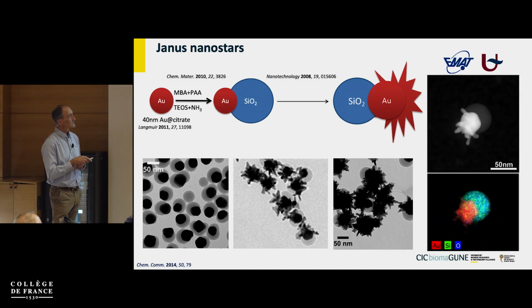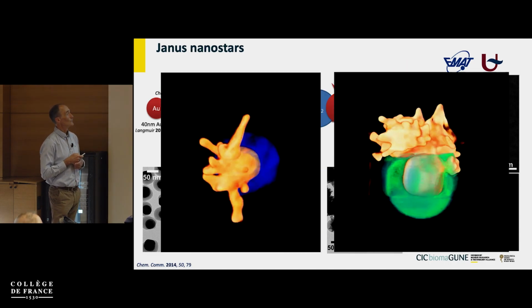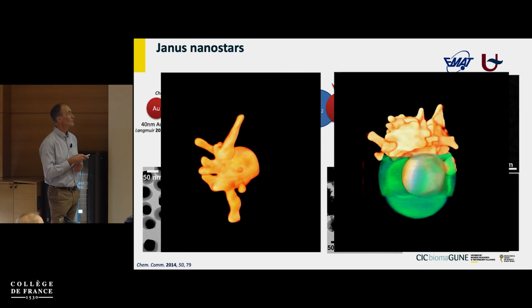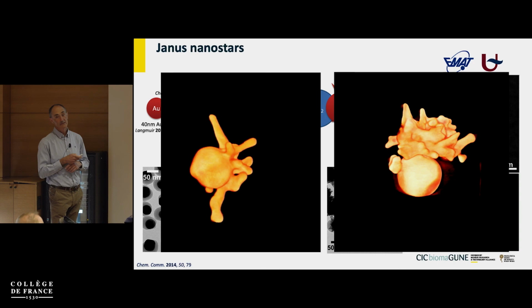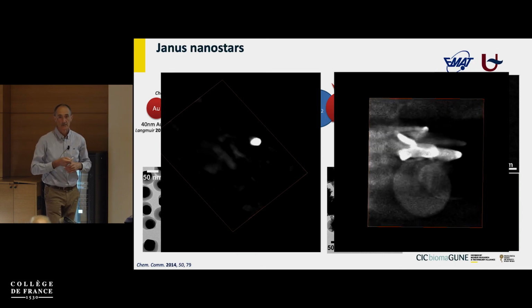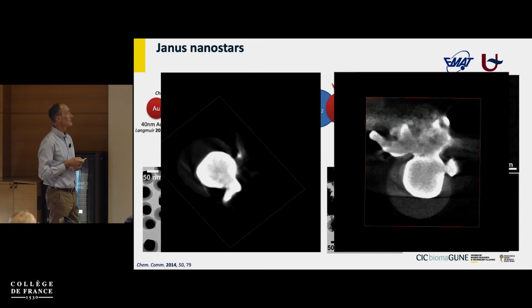And then, of course, by EDX, we can observe silicon oxide and gold separated. And we obtain very nice tomography images. And probably you can do also selective self-assembly of particles on one side or exposing tips to the side. This remains to be done.